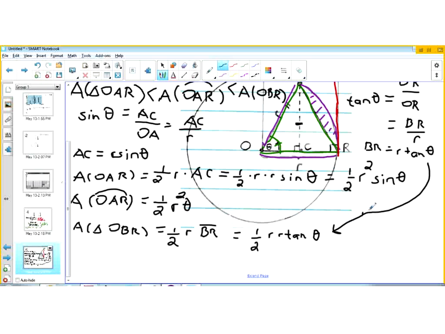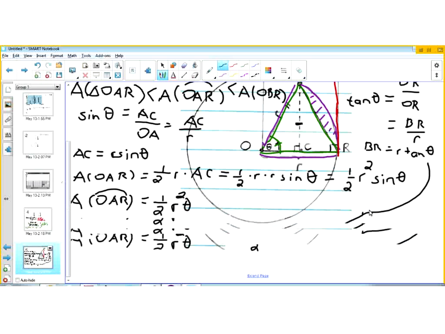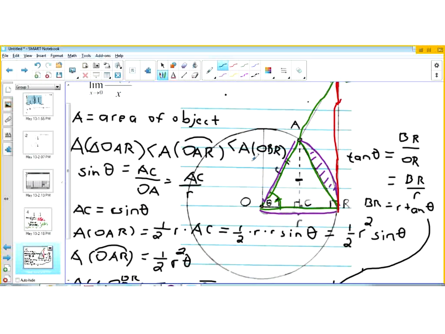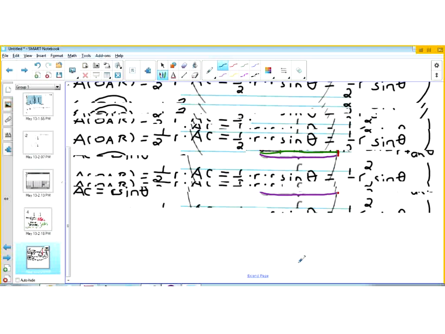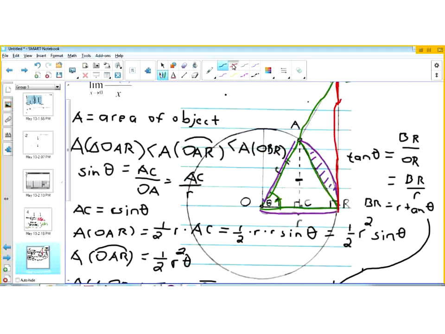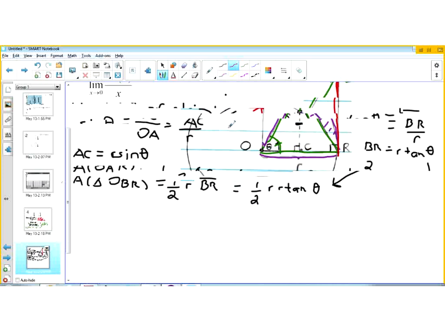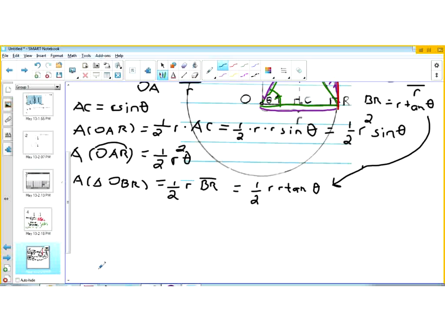Okay, so we can now recast our original inequality in terms of theta. So let me extend the page. Okay, so I'm going to take this inequality right here, the inequality that involved the areas of the three objects under consideration, and I'll rewrite it in terms of theta.